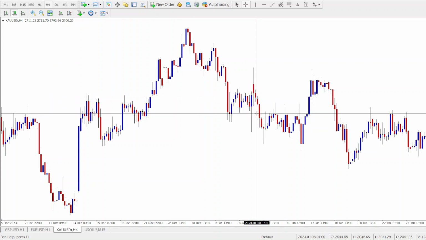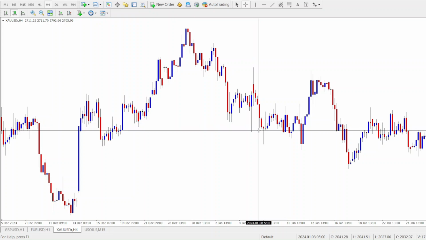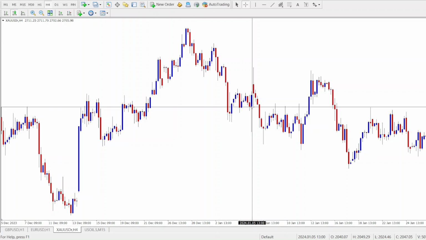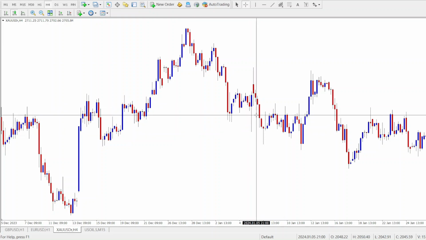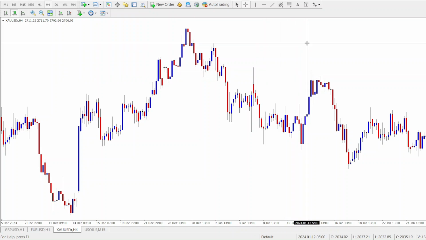So long wicks usually show that either buyers or sellers took control or had strong momentum. If you have a long wick down, it shows that buyers had strong momentum. If you have a long wick up, it shows that sellers had strong momentum.